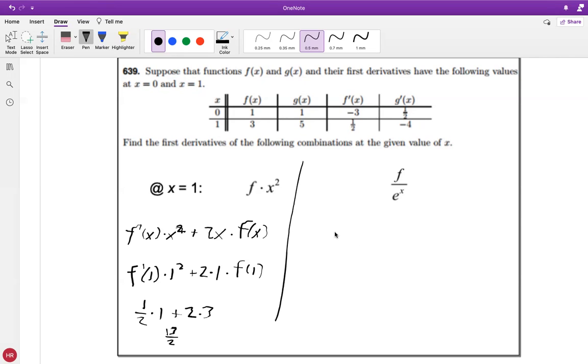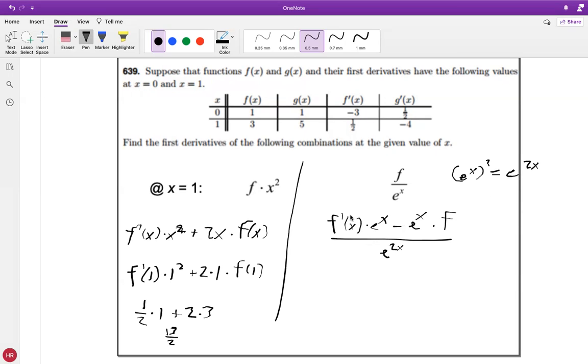So I do f prime of x times e to the x, the derivative of the top times the bottom, minus the derivative of the bottom, which we know the derivative of e to the x is still e to the x, times the top, all over the bottom squared, e to the 2x. Well, yeah, just e to the x squared. Remember, we multiply these exponents, so that gives me e to the 2x.